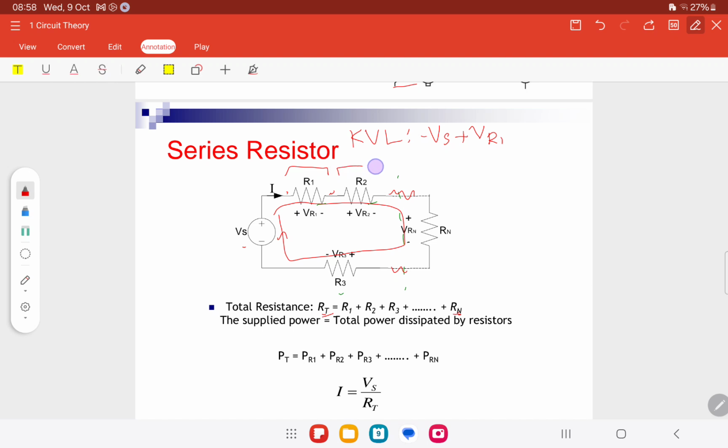Voltage R2 start from here to here pula. Okay, plus VR2. Okay, let's say kat sini kita ambil plus VRN. VRN daripada sini to here sahaja. Okay, for VR3 equals to 0 because closed loop.